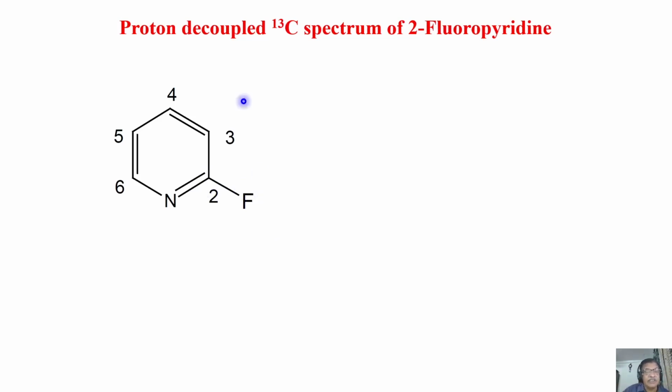So this has to be the largest coupling. Then there is two-bond carbon fluorine, then three-bond, then four-bond. Depending upon how many bonds separate them, the coupling strength between carbon and fluorine decreases. Based on the coupling strength itself, we can make the assignment for each carbon.